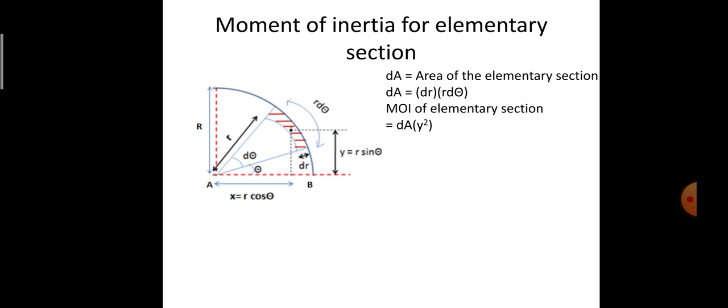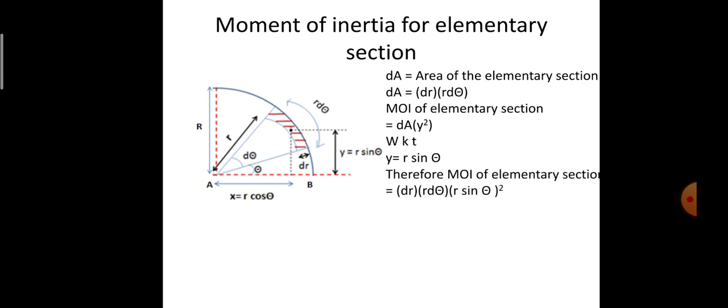Therefore dA into y square is the moment of inertia for the elementary section. Since y is r sin theta, substituting the values of dA and y, we get the moment of inertia for the elementary section as dr into r d theta times (r sin theta) the whole squared.